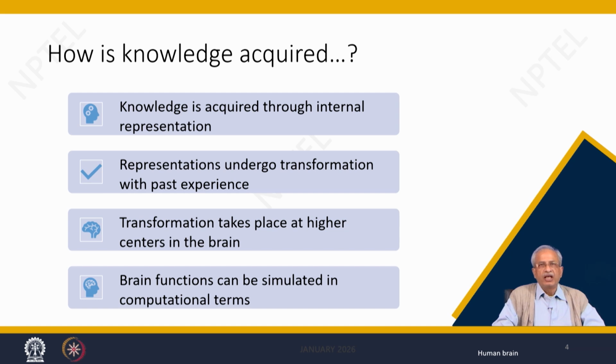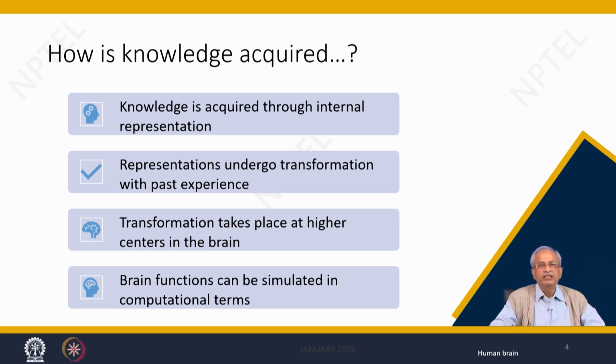So, knowledge is acquired not only through our sense organs, it gets represented, that representation gets transformed, the transformation takes place at the higher centers of the brain, and if needed, such higher centers of the brain or their functions can be simulated in computational terms.